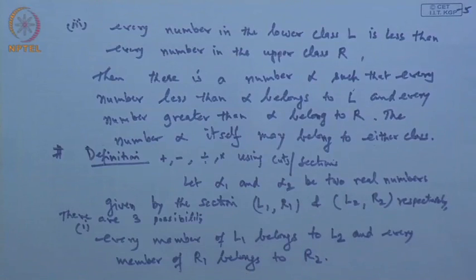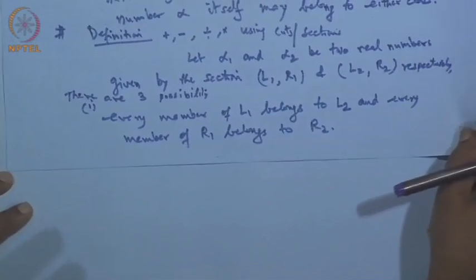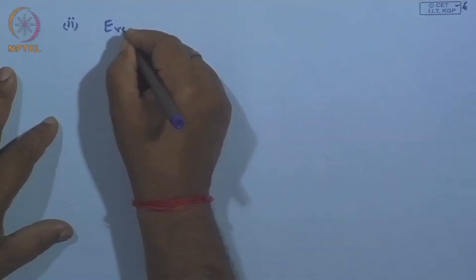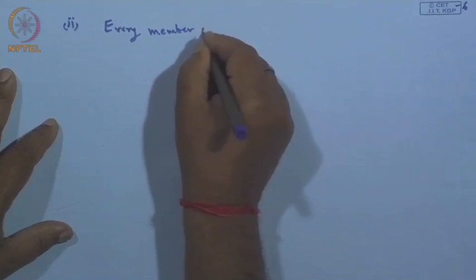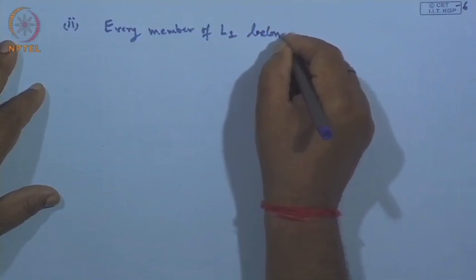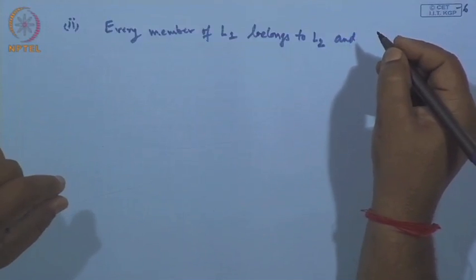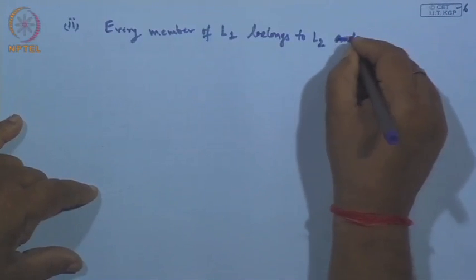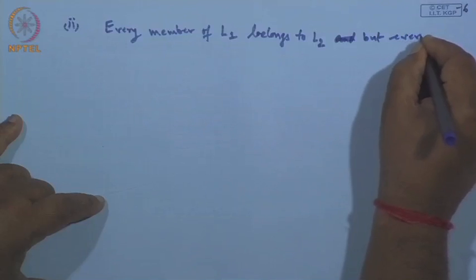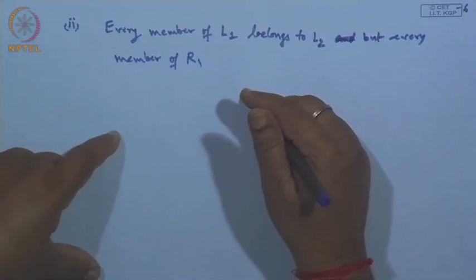This is the first possibility. The second possibility is every member of L1 belongs to L2, but every member of R1 does not belong to R2.